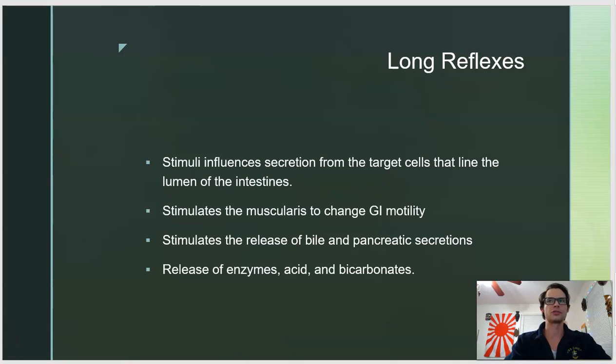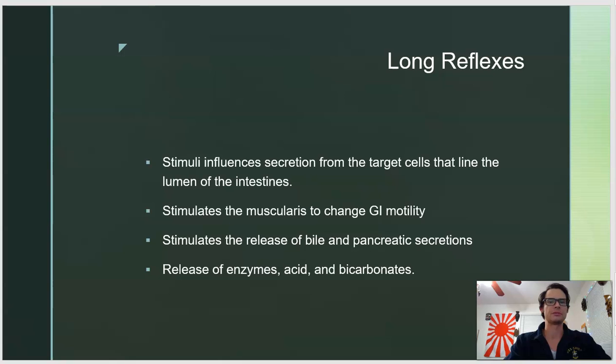Now, the long reflexes travel along the postganglionic parasympathetic nervous system, and these can target the target cells and also the motor cells within the gastric mucosa of the intestines. The stimuli influence secretions from the target cells that line the lumen of the intestines. This aids in secretion as well as changes in absorption, and stimulates the muscularis to change motility.